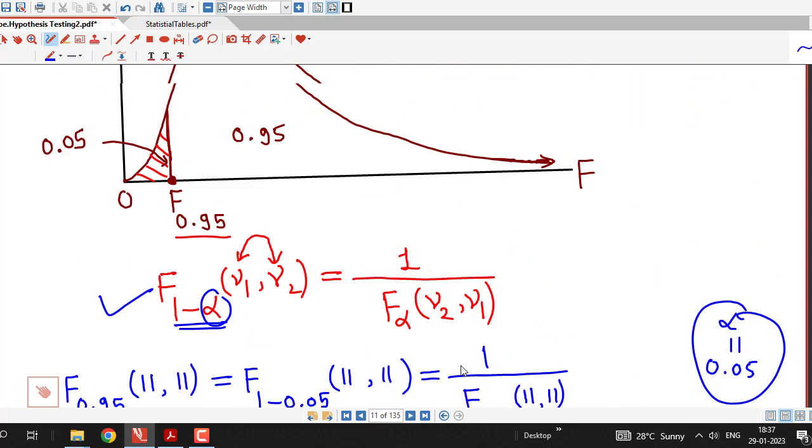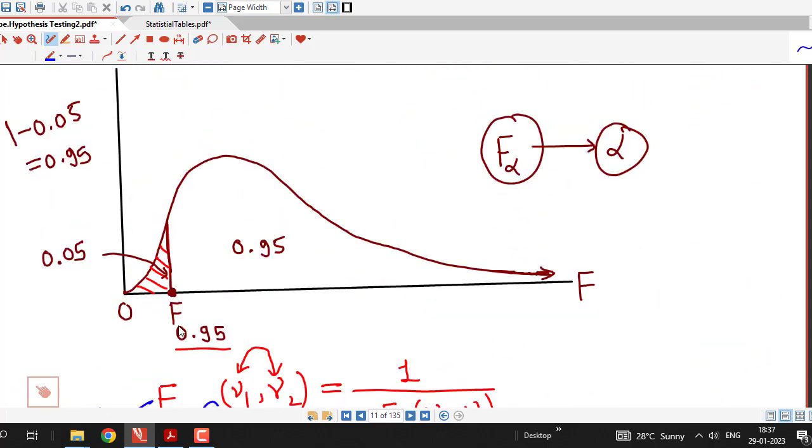So let's determine the rejection region using this. The region to the left side of 0.35 is the rejection region, and the other region is the non-rejection region.